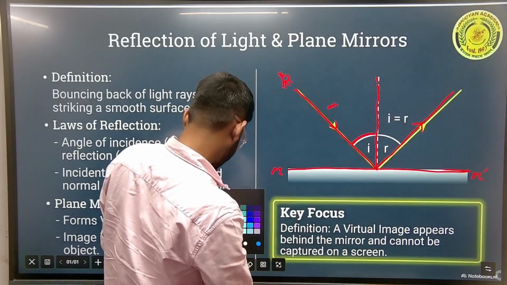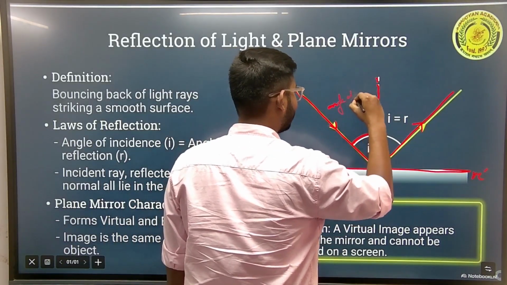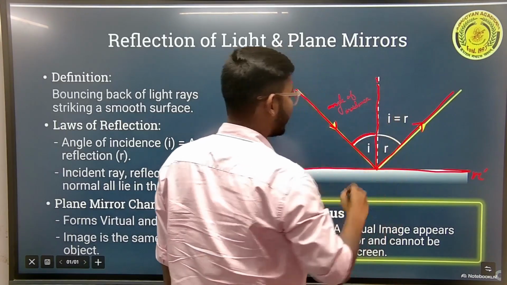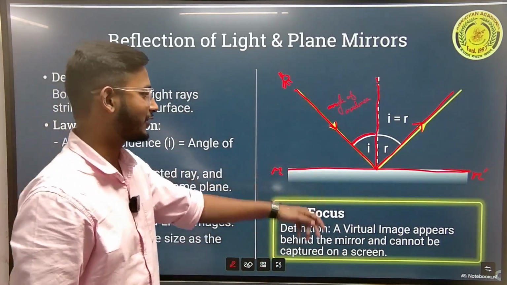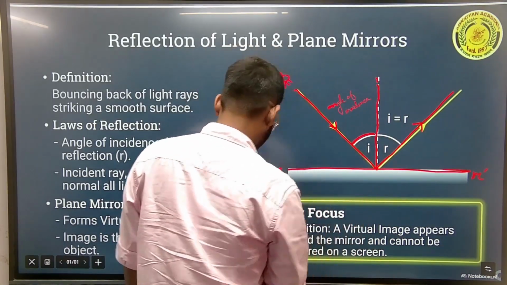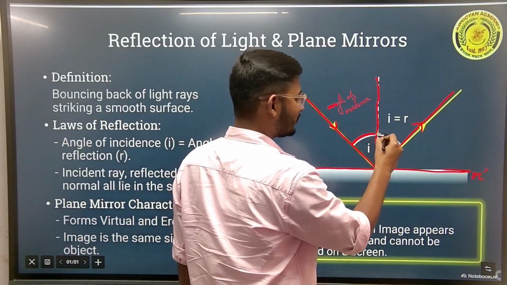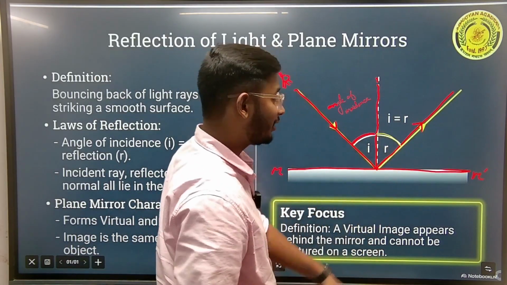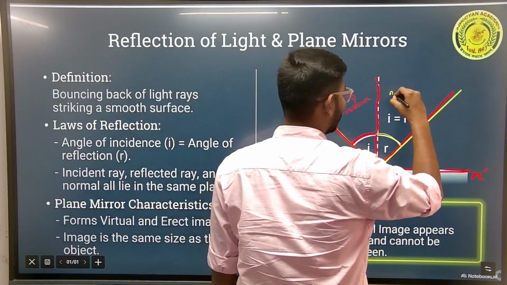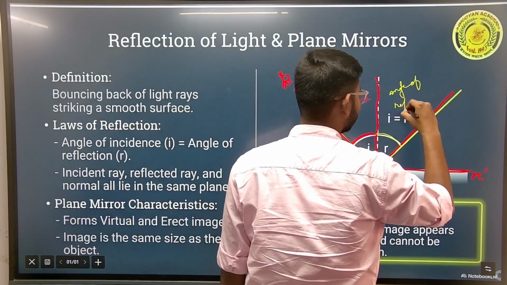After reflection, the reflected ray makes an angle with the normal, and this angle is called the angle of reflection.